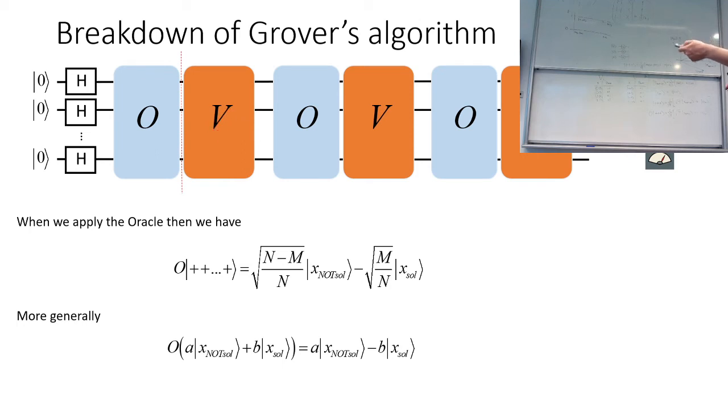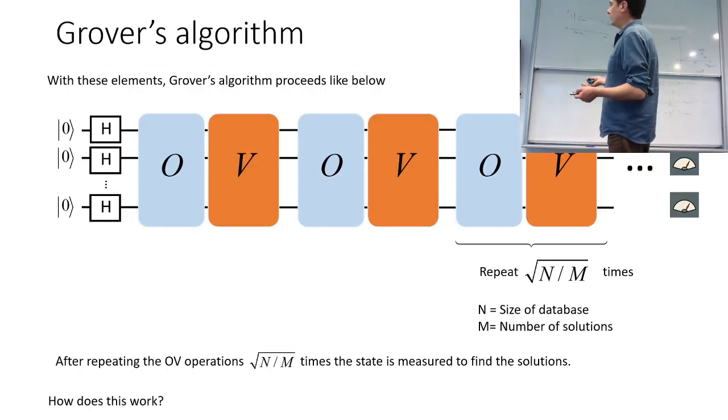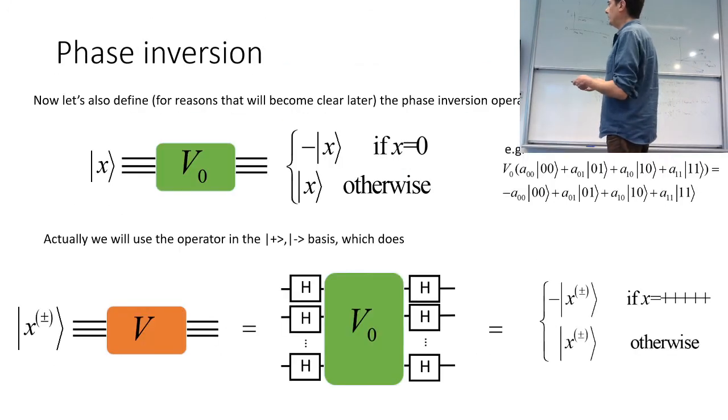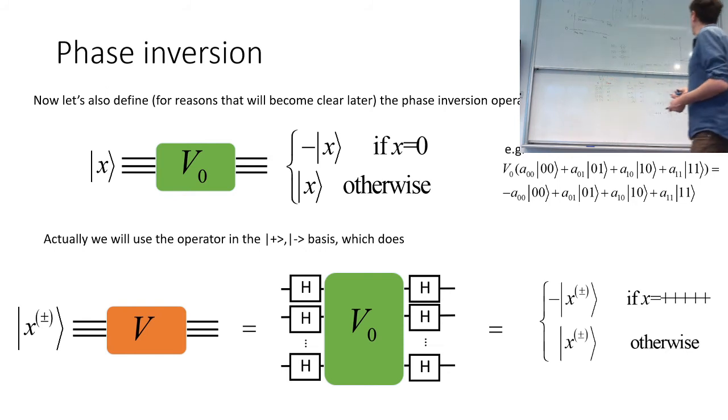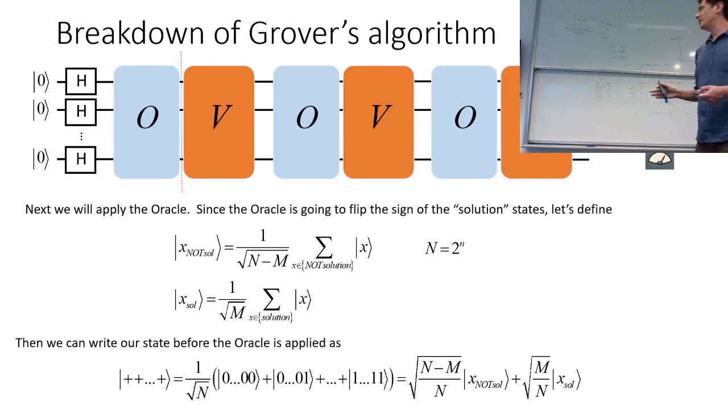Right, and if you remember, V is actually something very similar to the oracle, except what it does is to apply a minus sign on this plus state. And I don't want to show you the calculation because it's just tedious.